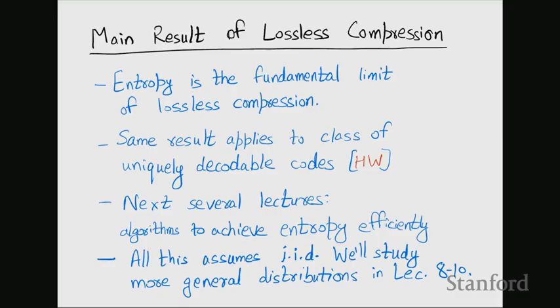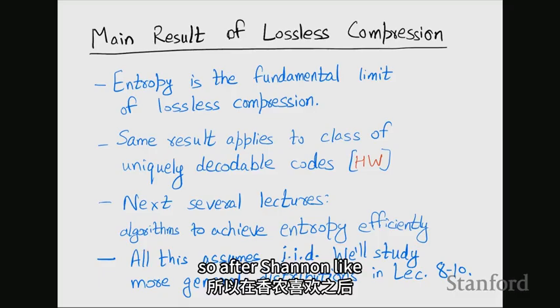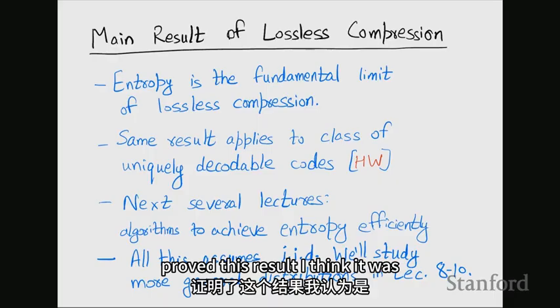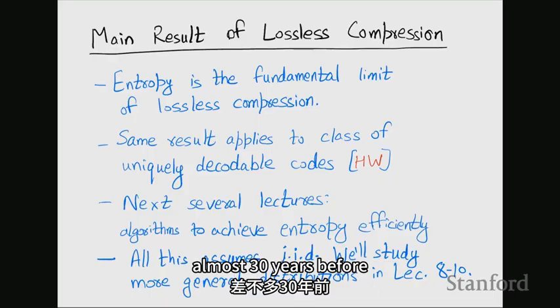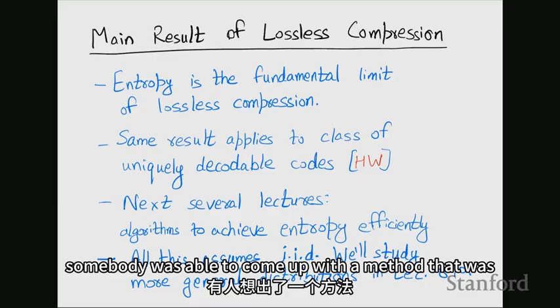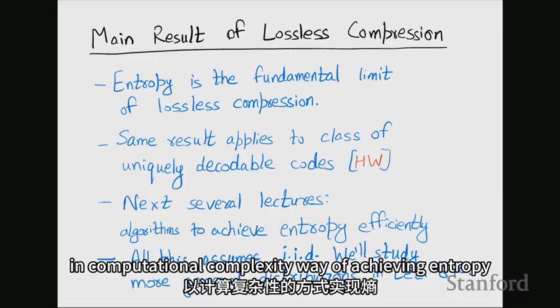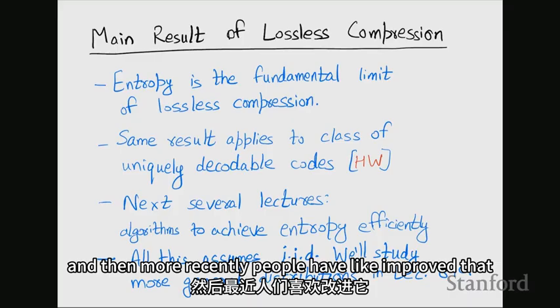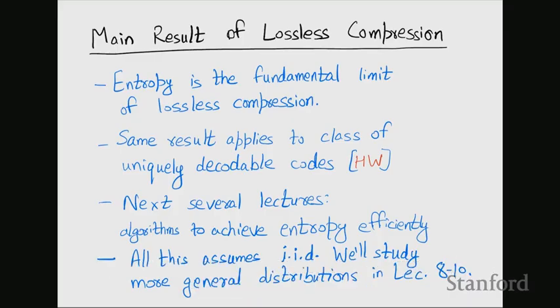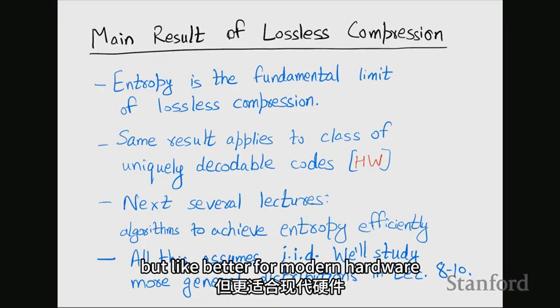After Shannon proved this result, it was almost 30 years before somebody was able to come up with a method that was a linear time in computational complexity way of achieving entropy. And then more recently, people have improved that. It's still linear time, but better for modern hardware.